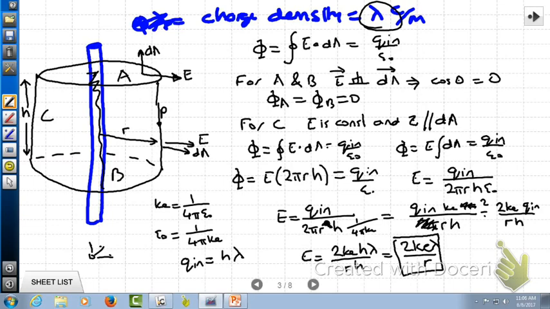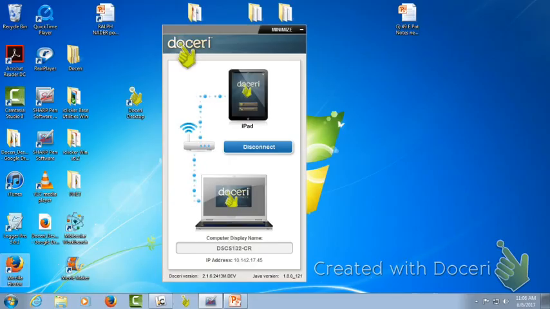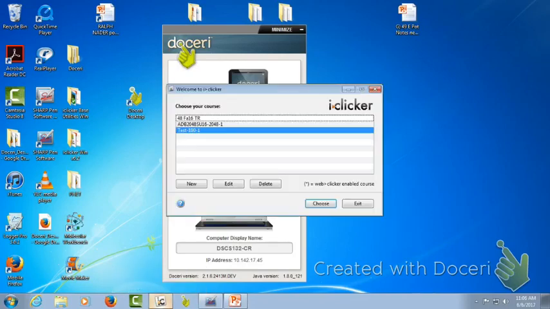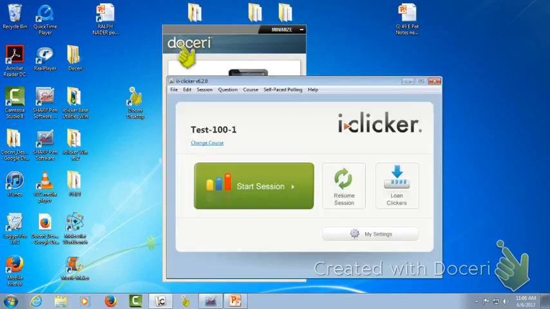Minimize. No, that's not it. Close this window. Thank you, you're right. I'm trainable. Oh, this has all been recorded.